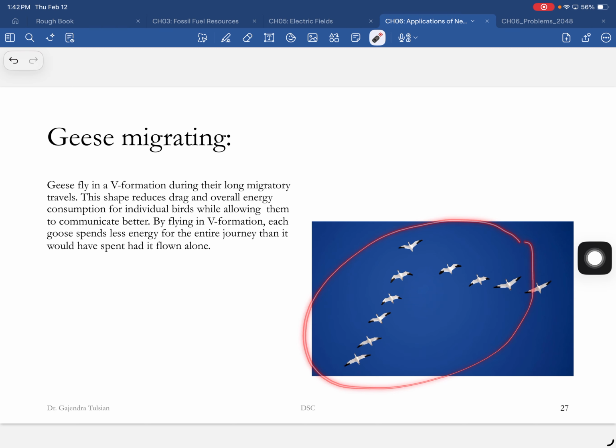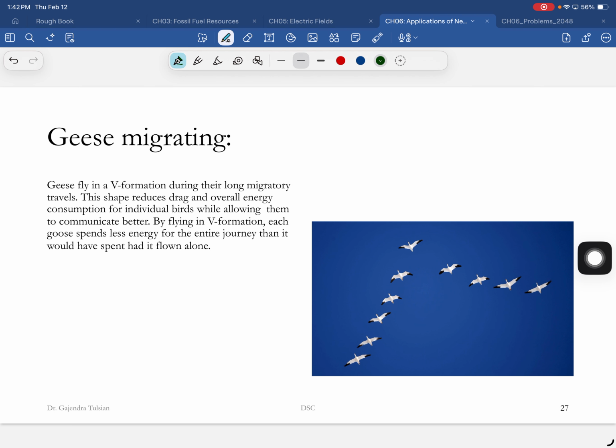All right. Who taught them to fly in formation? Why are they flying in formation? You guys know bikers draft, bicyclists draft? Okay.